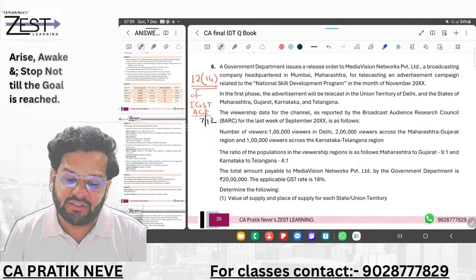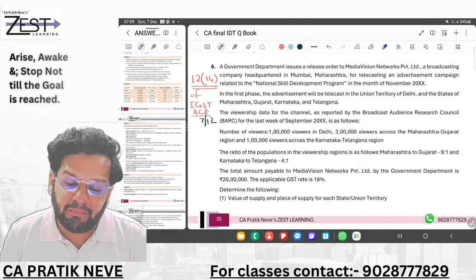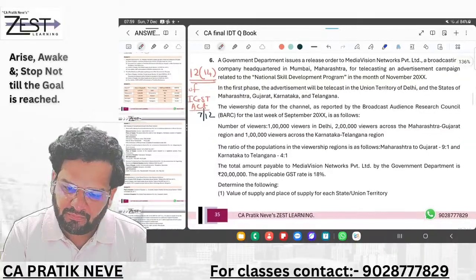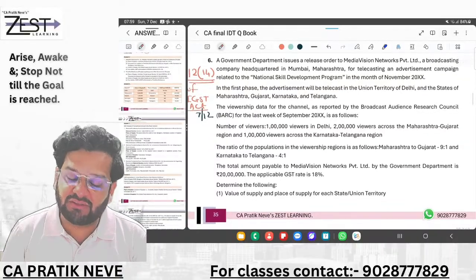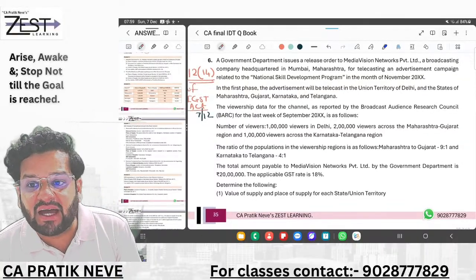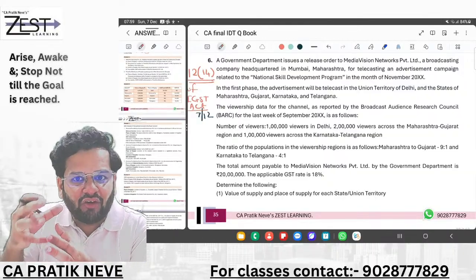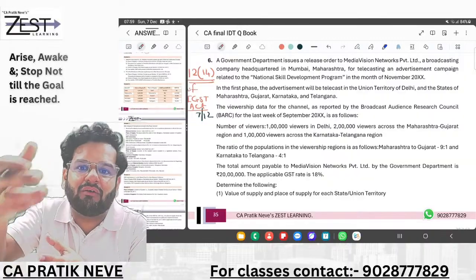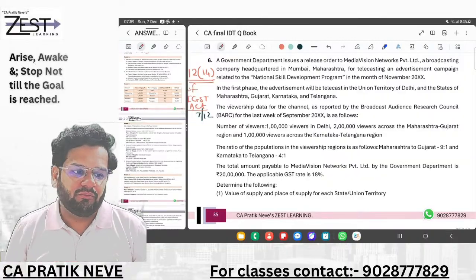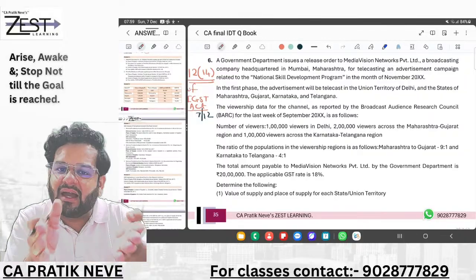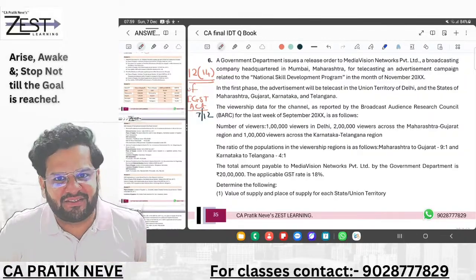See, government department issues a release order. What is 12(14)? It is advertising to government, service of advertising given to government. Now, government advertisements are usually run across multiple states.